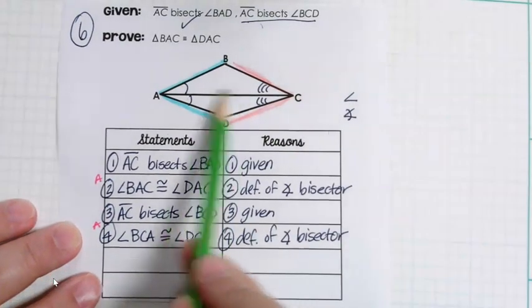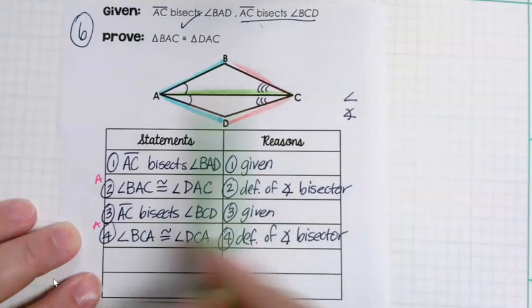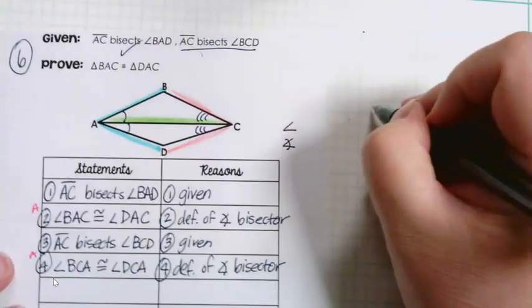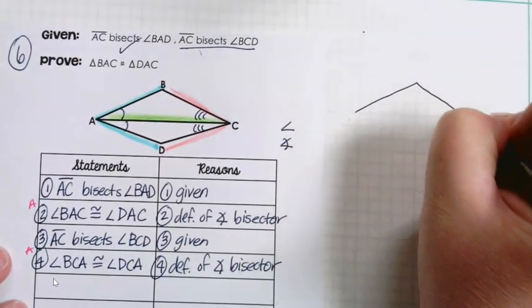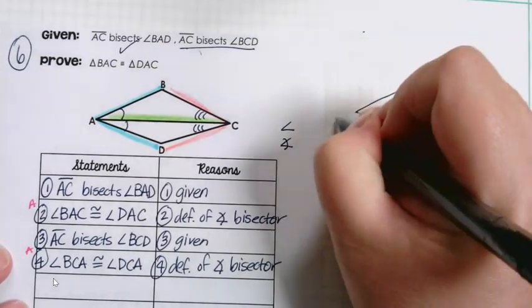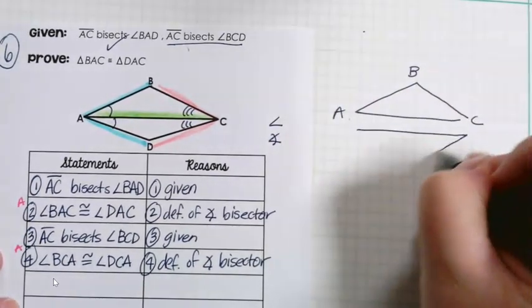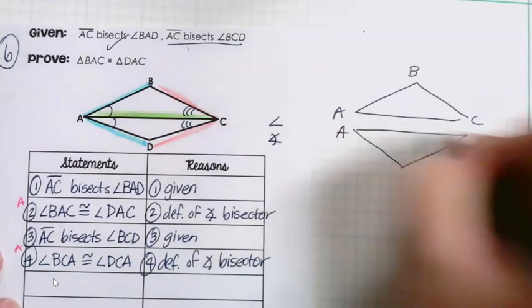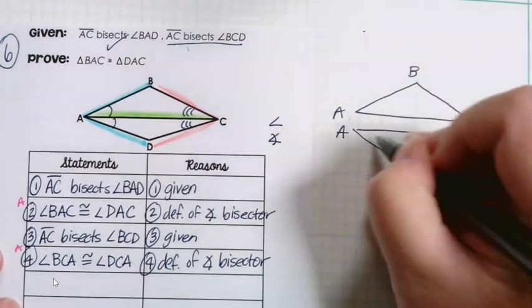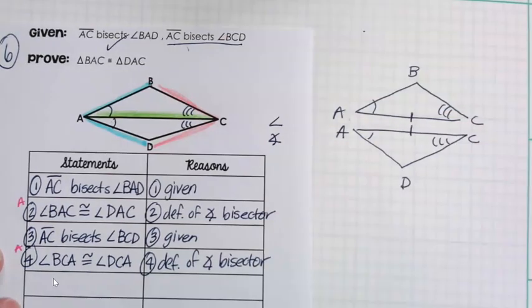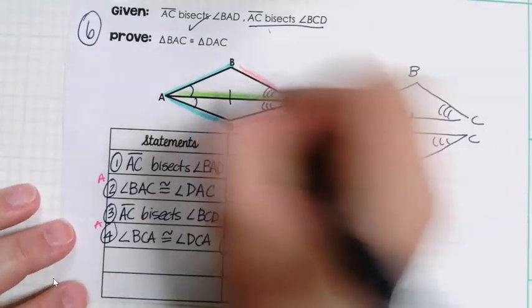If you have a segment that is part of both triangles, and AC is, it can be helpful to draw them separately, to separate them and look at them something like this. And say, yeah, that's a pair of congruent sides. So here we go.